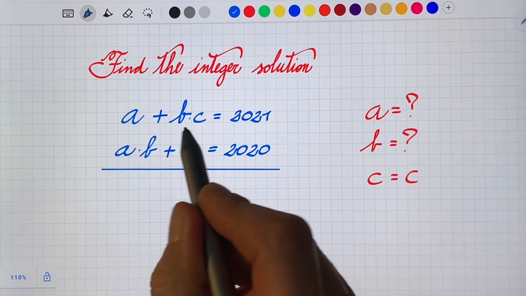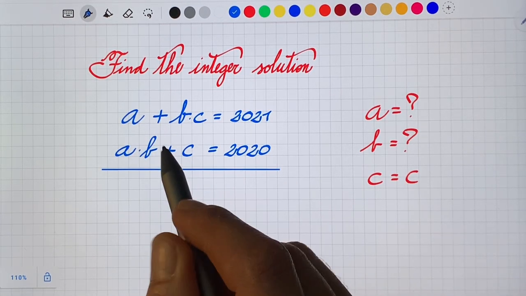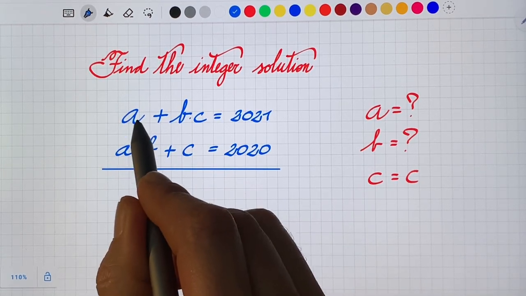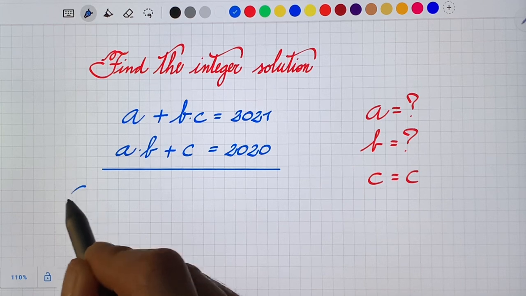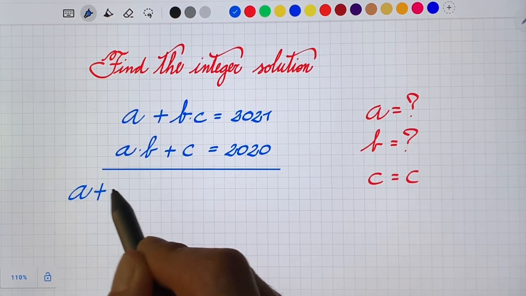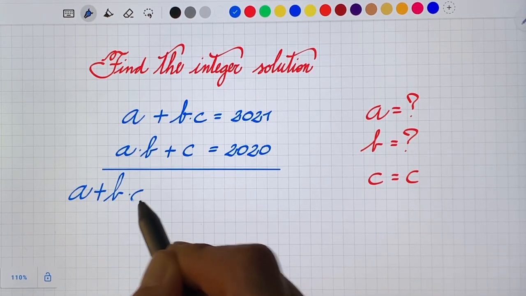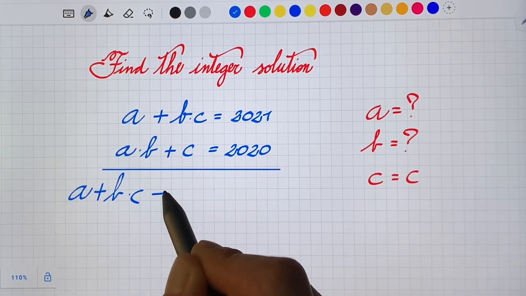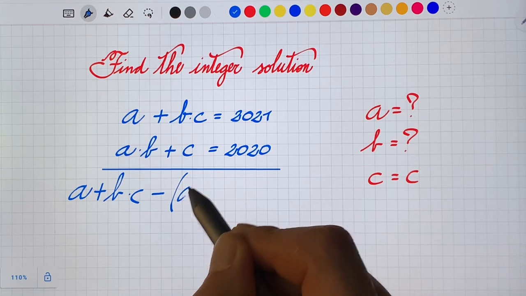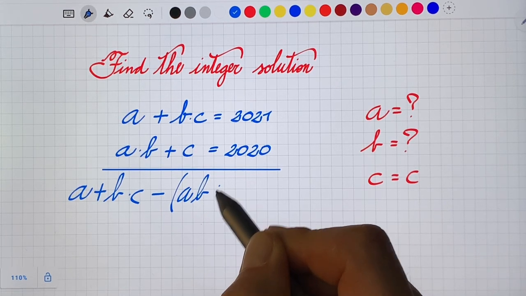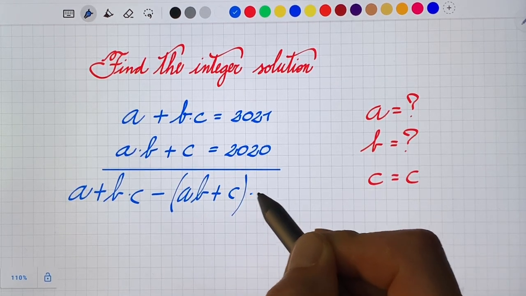We will work first on the left hand side. We will do the left hand side of the first equation, a plus b times c, minus the left hand side of the second equation, a times b plus c.